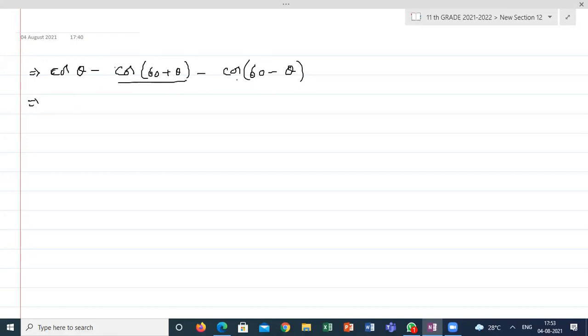This looks like cos of A plus B and cos of A minus B. This comes under transformation angles, but here I am just giving the introduction.